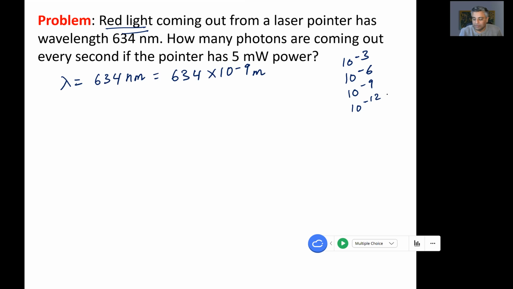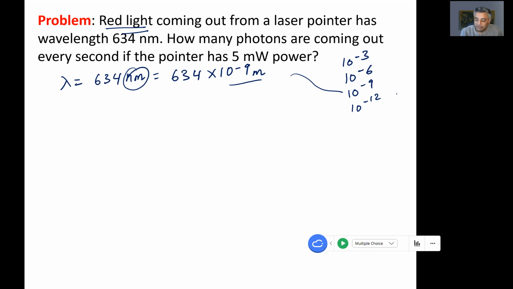After that it goes pico, then femto, and so on. So anyway, let's leave it there. That's what we use for the nanometer.